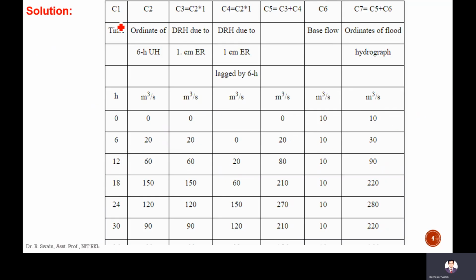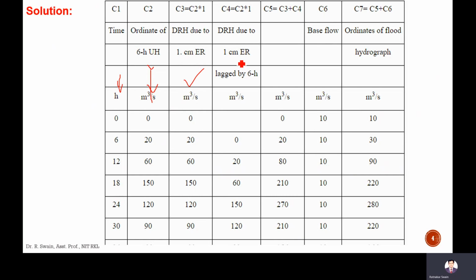Here the unit hydrograph ordinates are given, with the time column. And in column 3, the DRH due to 1 cm excess rainfall is given, which is nothing but the same as the unit hydrograph ordinates, because the unit hydrograph ordinates are also due to 1 cm excess rainfall.